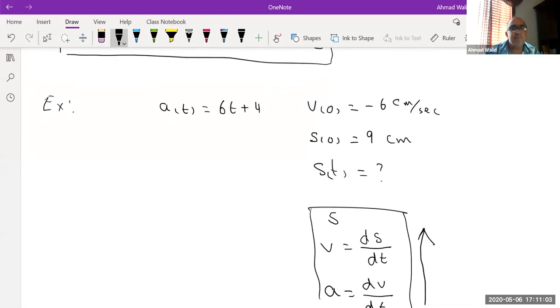It means I have A of t equals 6t plus 4. To find V of t, I have to take the antiderivative of this function. Please go ahead, find the antiderivative of this function for me.